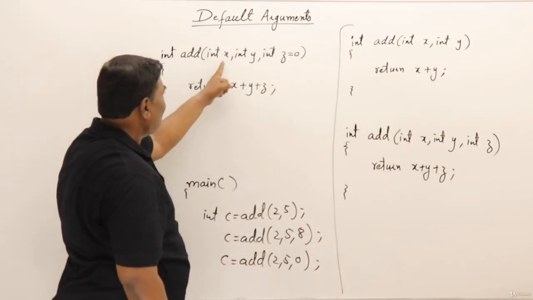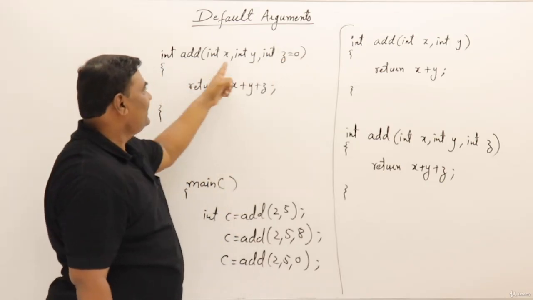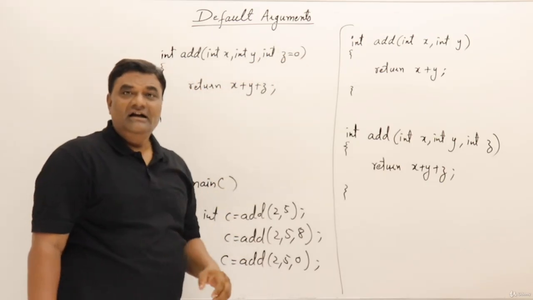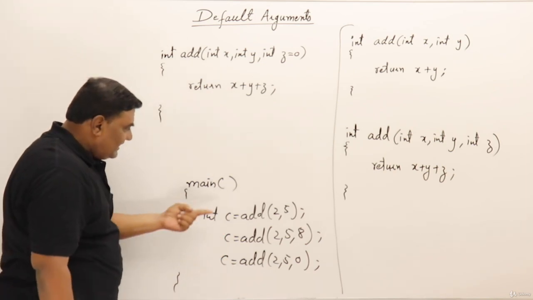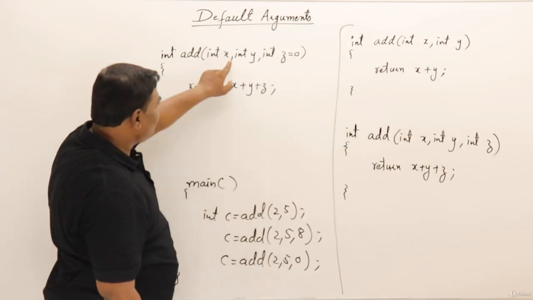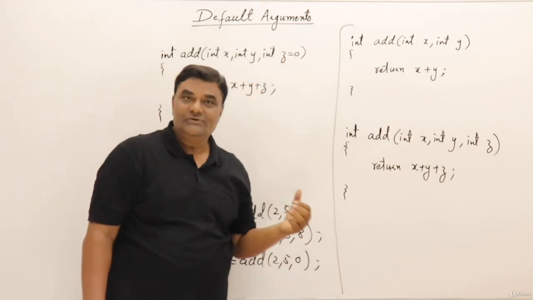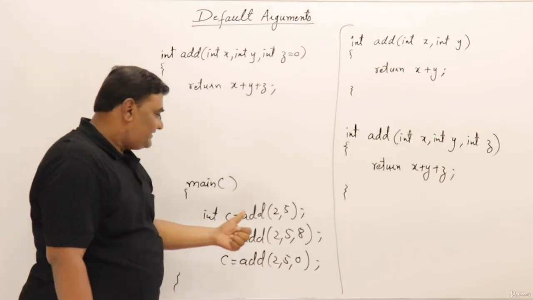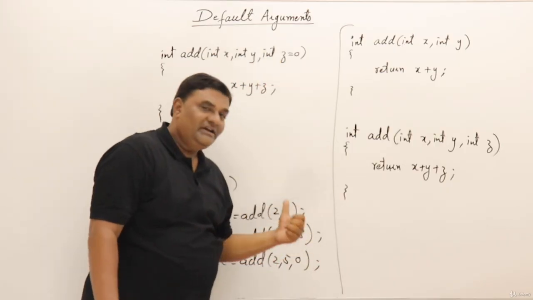What I have done here is assigned a default value to this argument within the argument list itself, and said that z is 0. So if I call add 2, 5, the same function will be called. This 2 goes into x and 5 goes into y, and z will become 0 because I am not passing it. The second time, 2, 5, 8, z will take the value 8.